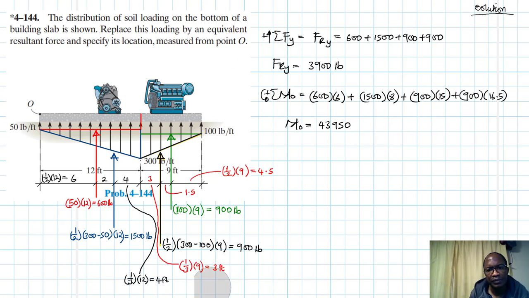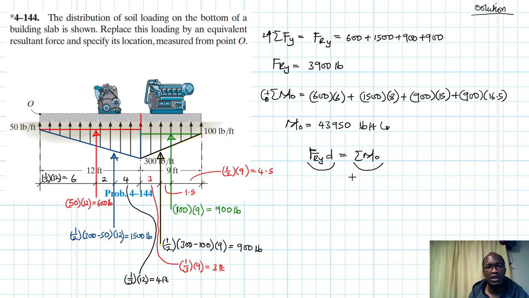Okay, pounds feet, and this one is anti-clockwise, which is positive. So now we are going to use this particular formula, the resultant force Fry times D, which is going to be equal to the summation of moments about point O. We are saying the direction of the moment on the left should be equal to the direction of the moment on the right.